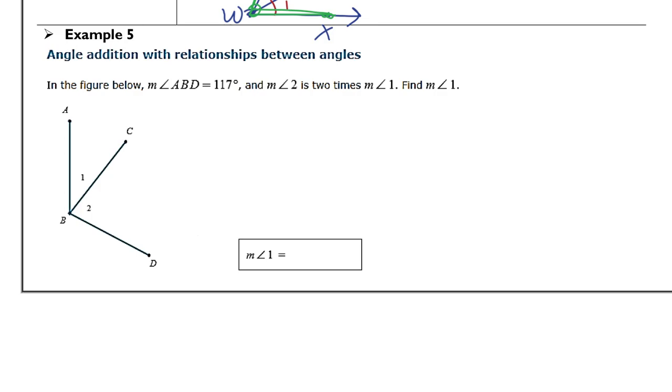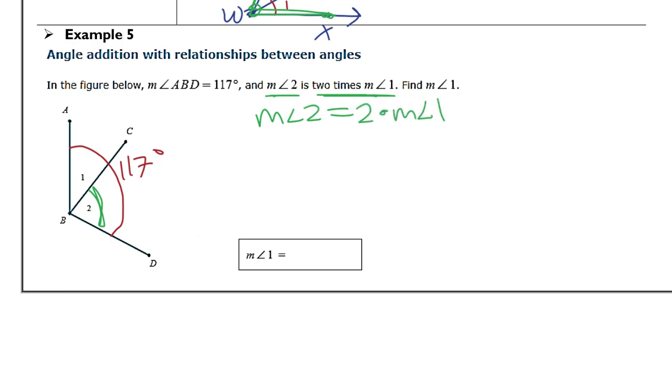So a question you would see is something like this: the measure of angle ABD. So we have A, then B, then D, which is 117 degrees. So I like putting in the picture this is 117 degrees. We know that the measure of angle 2 is 2 times the measure of angle 1. How do I write that? The measure of angle 2 is 2 times the measure of angle 1.